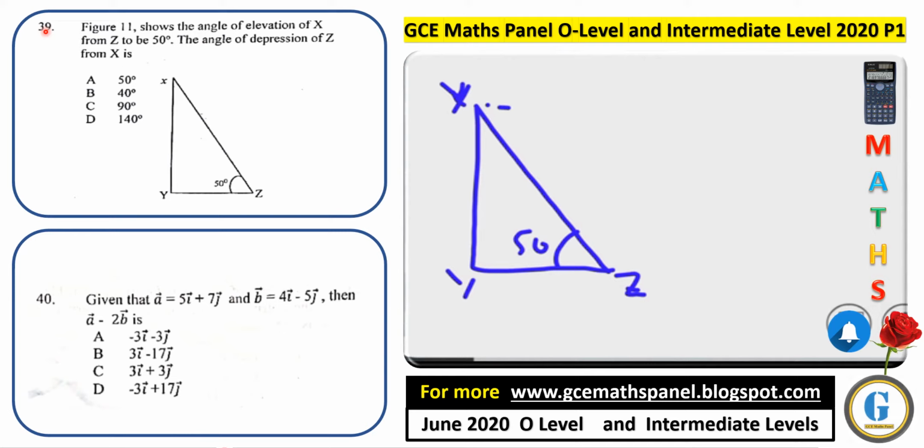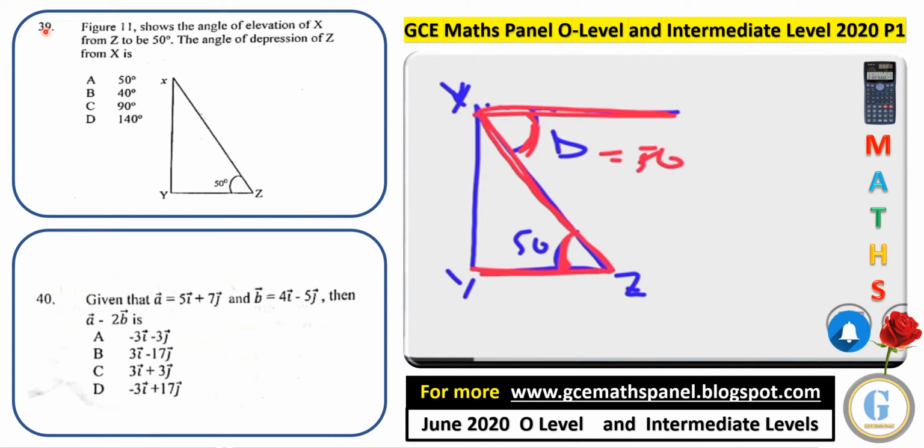Now I have to make a horizontal line, and this will be the angle of depression d. Since this is a Z, the transversal of parallel lines, this angle d must be equal to this angle here, 50 degrees. Therefore the angle of depression is equally 50 degrees. So we have A as the answer for question number 39.